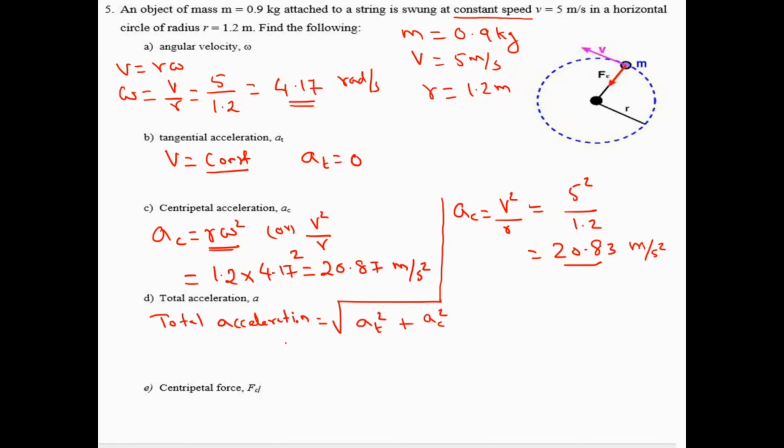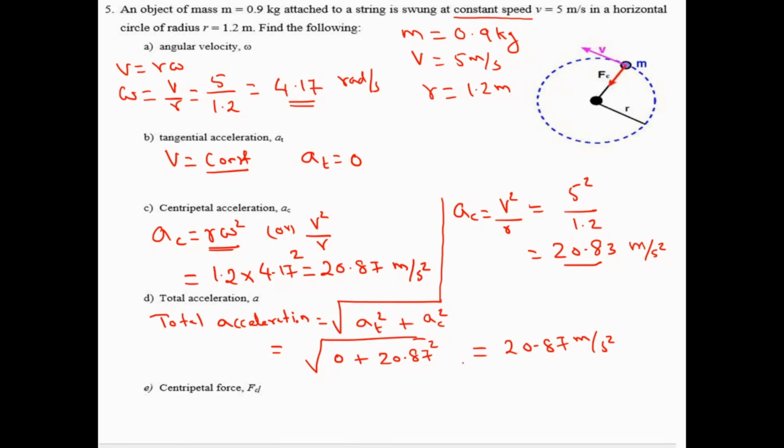So the square root of the tangential acceleration value 0 plus 20.87 square will give you the answer of 20.87 meter per second square.